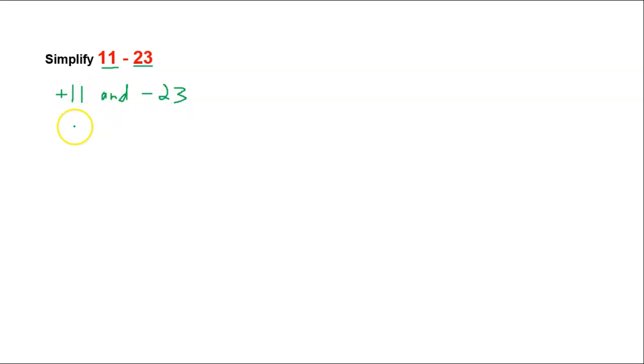Because the signs are different, we need to subtract the smaller from the larger and keep the sign that is associated with the larger number. Let me just write that on the side here.